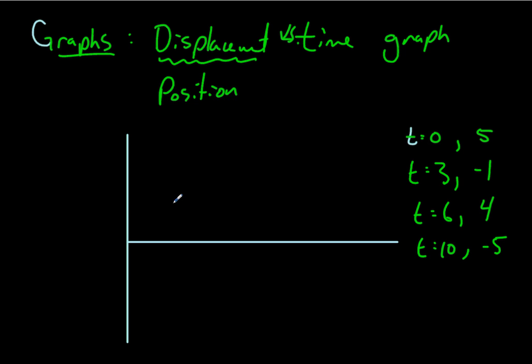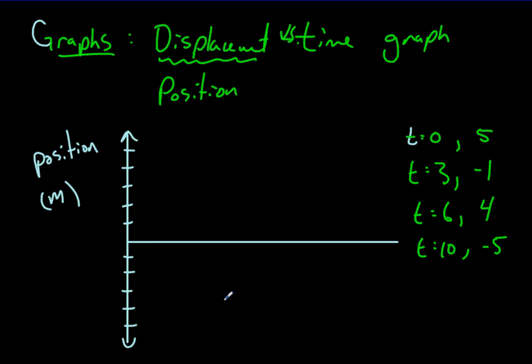Okay, so highest in the positive is 5. So 1, 2, 3, 4, 5. Highest in the negative is -5. 1, 2, 3, 4, 5. This axis is representing position. And the units we said was meters. Okay. This axis represents time. It goes for 10 seconds.